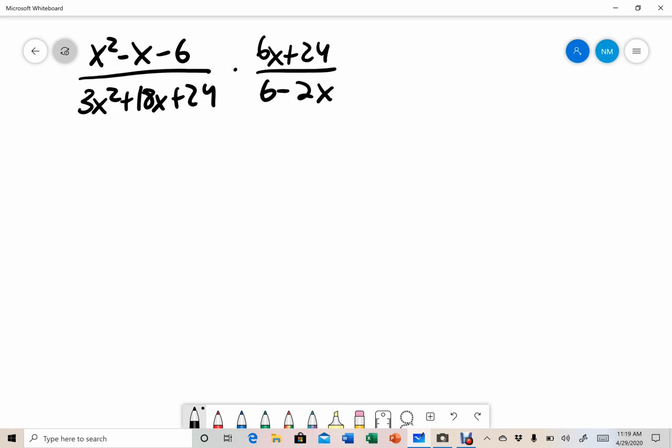So my first step here is to factor. I factor this, and this factors to x minus 3 times x plus 2.